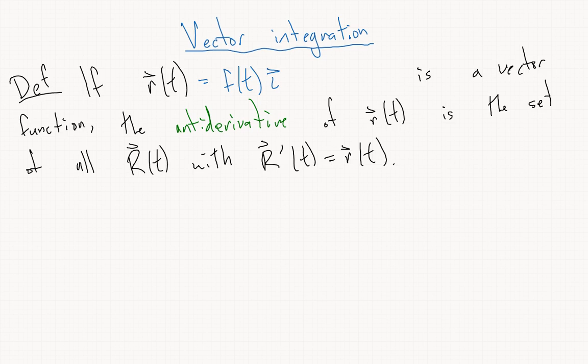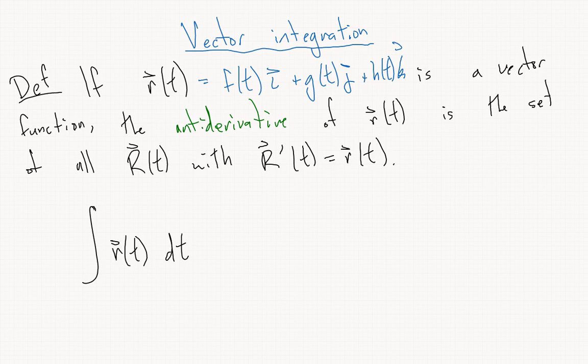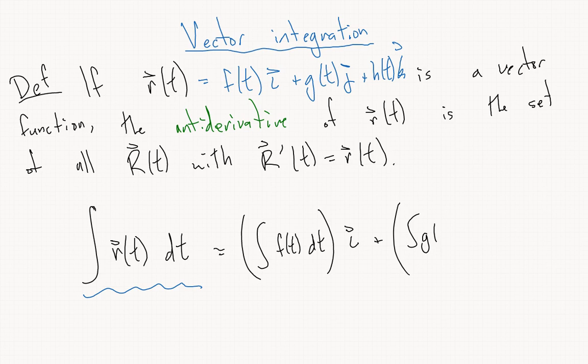f t i plus g t j plus h t k, then from the fact that differentiation is done component-wise, the indefinite integral, which we'll write still as this integral dt, will be the indefinite integral of f dt i plus indefinite integral g of t dt j plus indefinite integral h of t dt k, and then plus c, a constant vector.